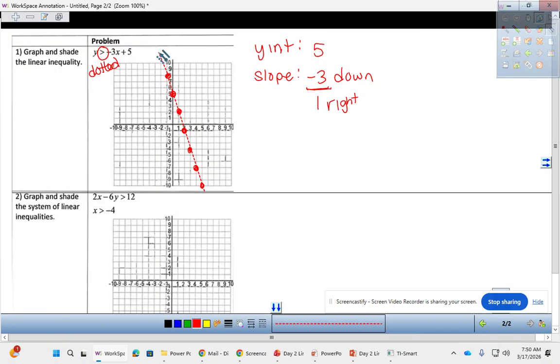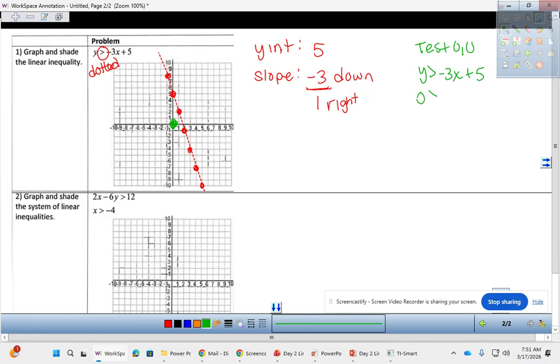Now what this does is it splits the graph into 2 regions. I need to figure out which of those 2 regions gets colored in because an inequality gets shaded. Okay, so to check which one gets colored in, we're going to test the point 0, 0. So I'm going to plug 0 in the y spot and the x spot of this equation.